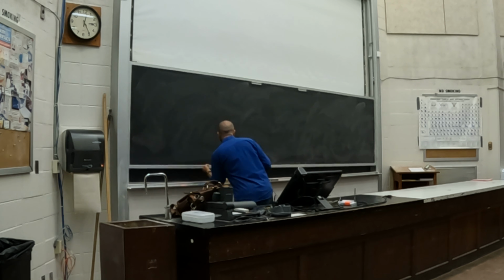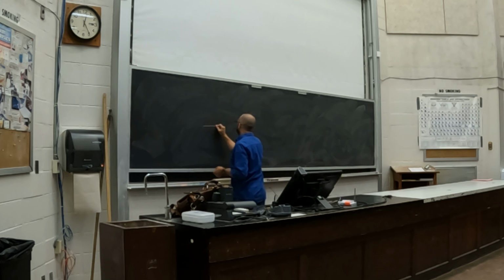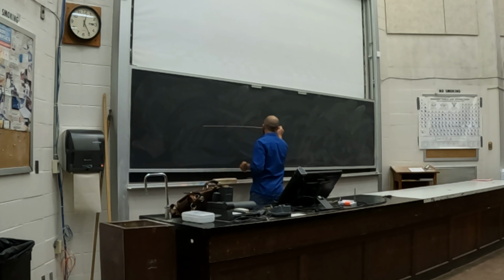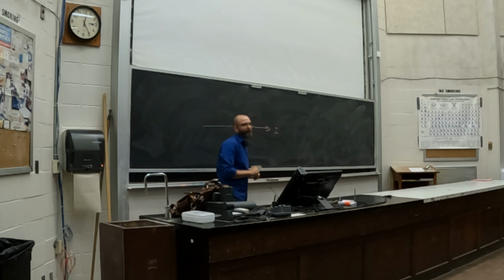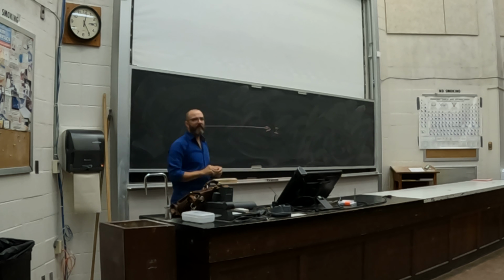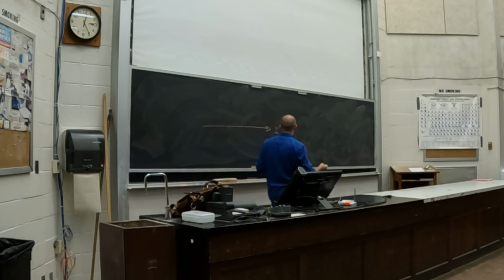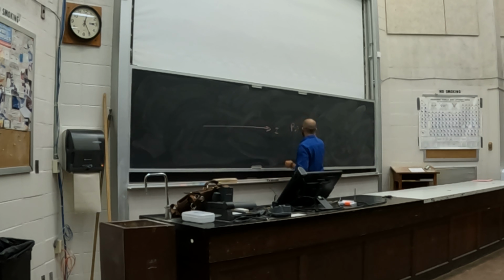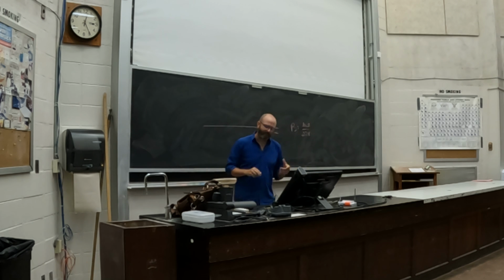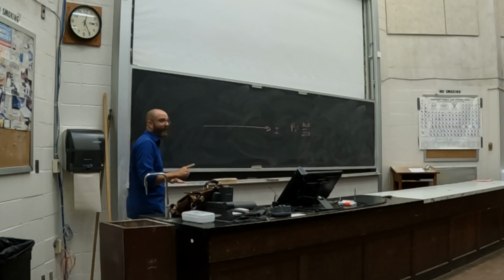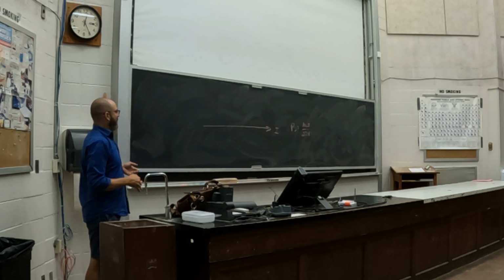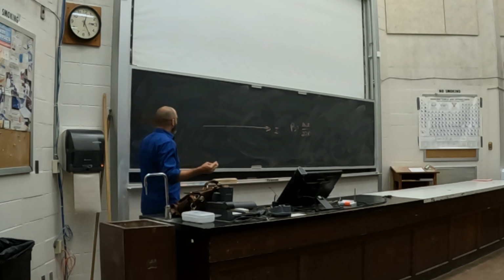So let me take a wire. We know the magnetic field of a long straight wire. You know, I over 2 pi. We've gotten it from Biot-Savart, we've gotten it from Ampere's now. All right.